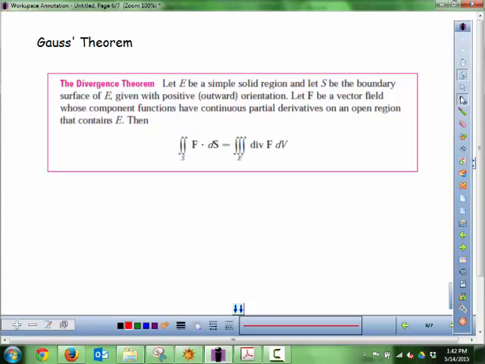So now we're going to a triple integral. E is a simple solid, and S is the boundary of the solid. So you've got a solid now, and the boundary of the solid is given with a positive orientation. So the boundary of the solid is closed.